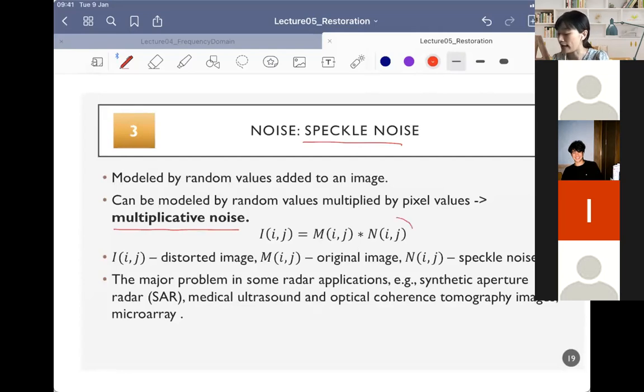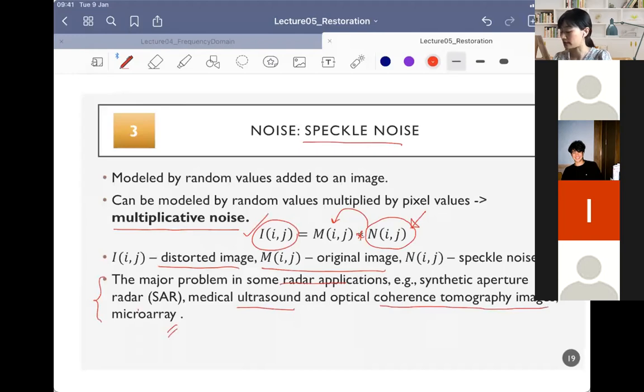It means that you have the noise distributed over an image, and it is multiplied with the original image to get the degraded or distorted image, I of i and j. Why they have used i and j, but yeah. And it happens a lot in many different applications like radar or ultrasound, and even medical images like tomography images and microarrays as well.